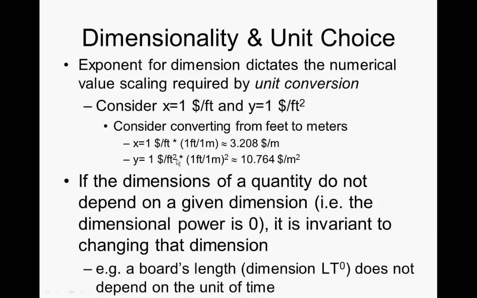So what I'm saying here is that the exponent for this dimension, the fact that there's a squared here, means when we convert from one unit to another, to meters squared, because the dimension of this is cost per length squared, when we convert it to a different unit of length, here meters, we have to multiply times that coefficient to the squared power. Does that make sense?